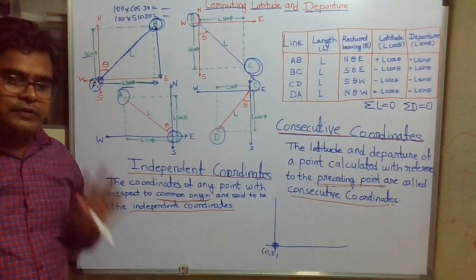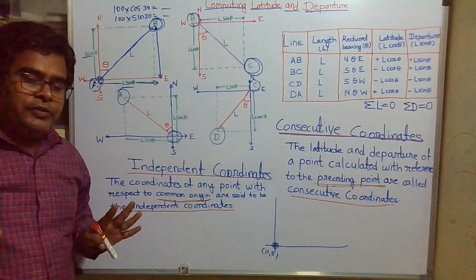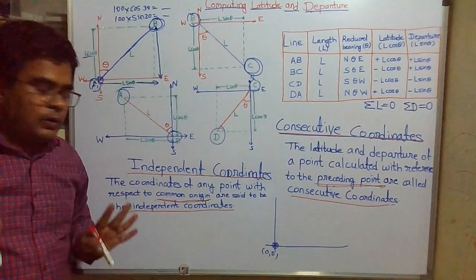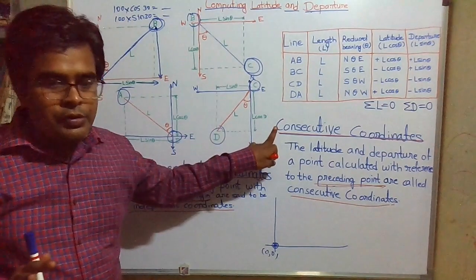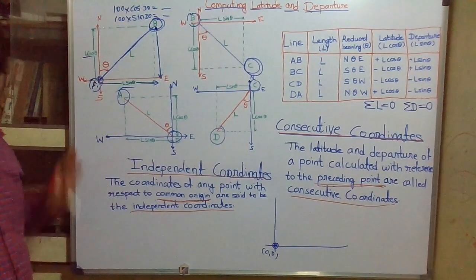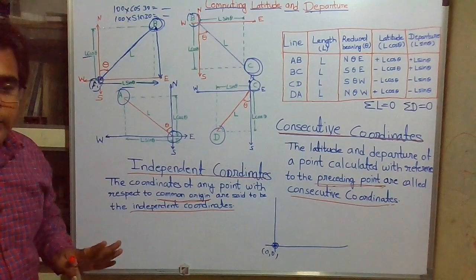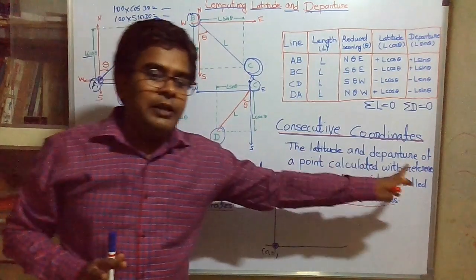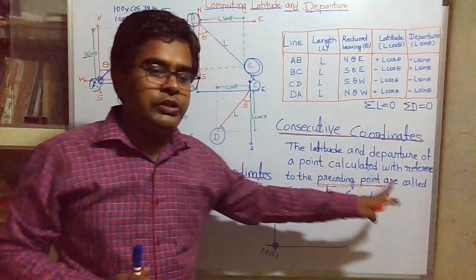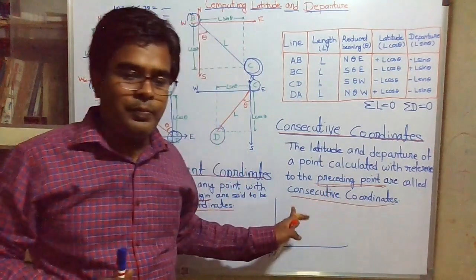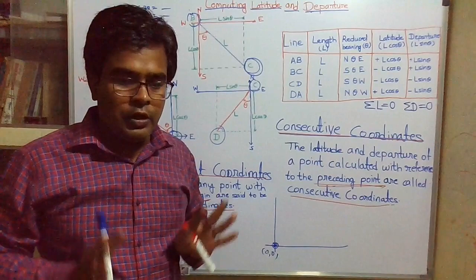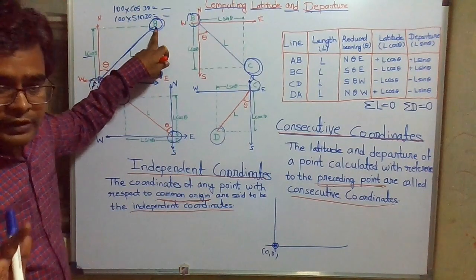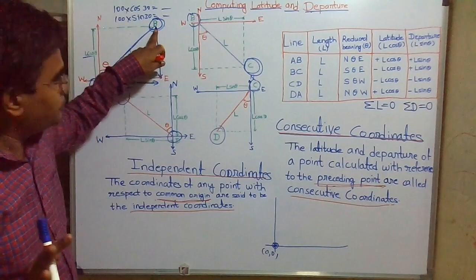Okay, for the sake of simplicity, just now remind yourself what is consecutive coordinate and what is independent coordinate. Consecutive coordinate means the latitude and departure of a point with reference to the preceding point. Latitude and departure of a point with reference to the preceding point is nothing but the consecutive coordinate.